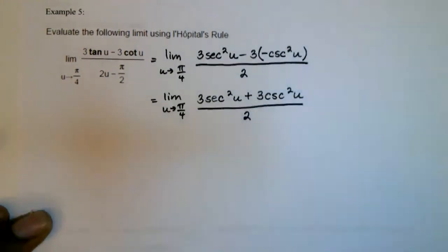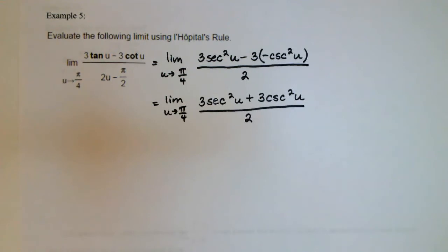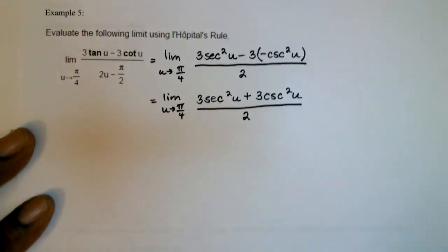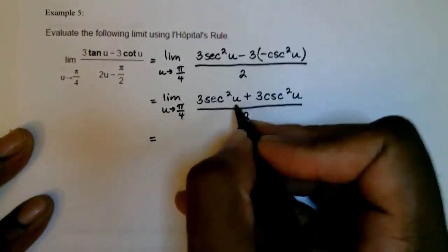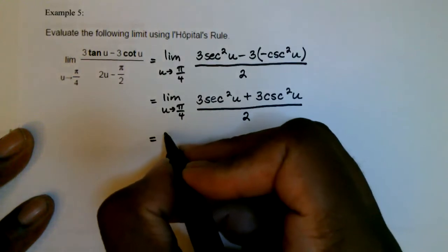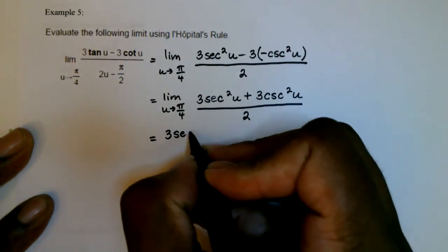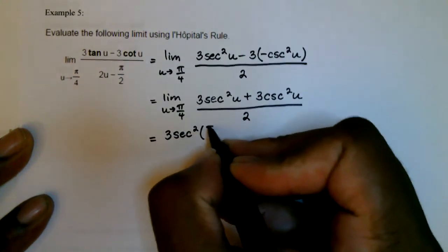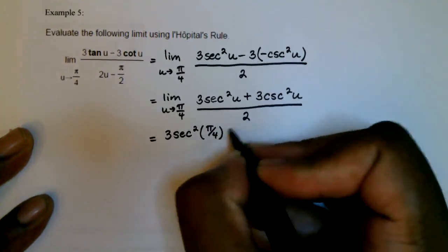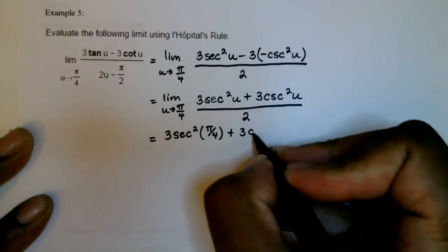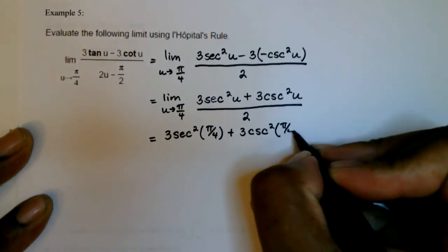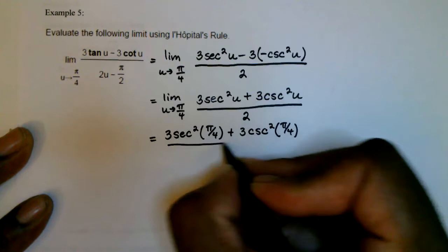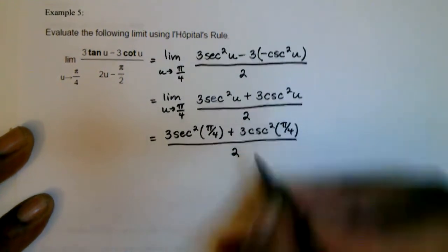All that's divided by 2. Now we can use direct substitution here, and you just go ahead and substitute our u with pi over 4. So I have 3 times the secant squared of pi over 4 plus 3 times cosecant squared of pi over 4. The whole thing is going to be divided by 2.